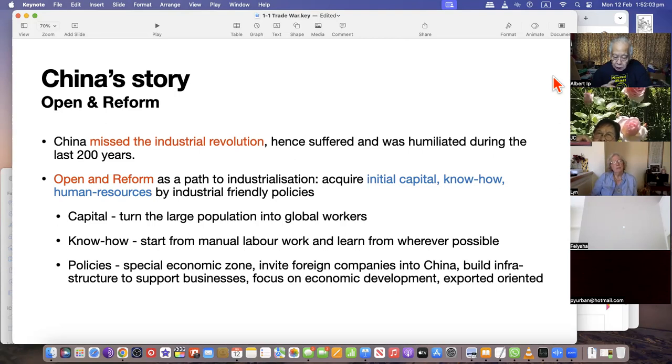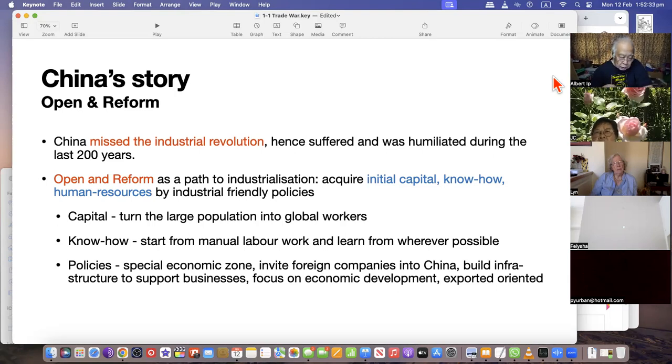China, having missed this industrial revolution, was not keeping pace with the rest of the world. And if you don't advance, then you start to decline. So comparatively, China declined significantly, while the West progressed very rapidly into the modern age. And that made China suffer and be humiliated.